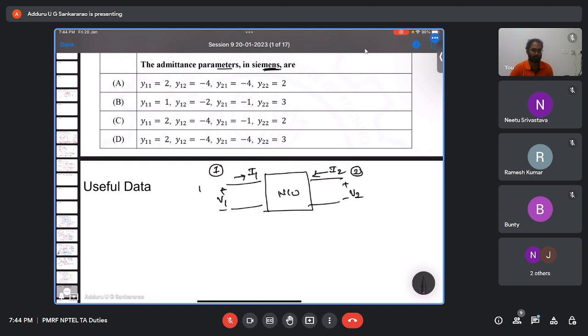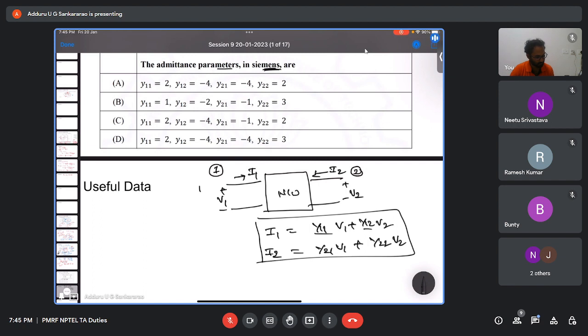Then the entire network can be represented in the form of some equations: I1 equal to Y11 V1 plus Y12 V2, and I2 equal to Y21 V1 plus Y22 V2. These are the current equations, right?